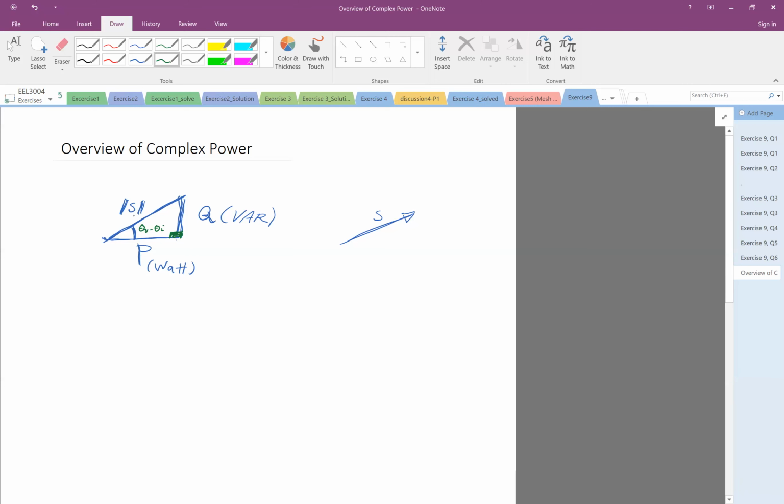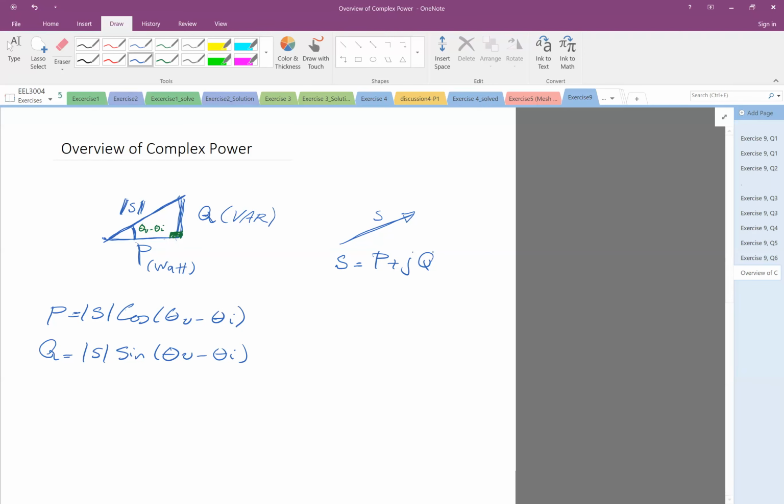For example, P is basically magnitude of S times the cosine of theta V minus theta I. Or similarly, Q is magnitude of S times sine of theta V minus theta I. Or you can also say the phasor S is P plus jQ, as a vector.